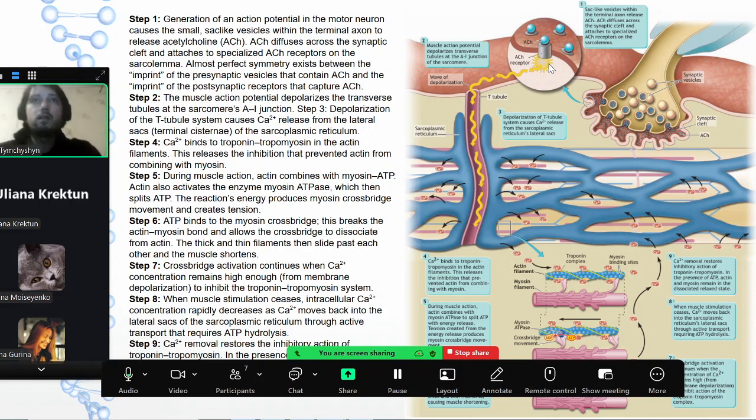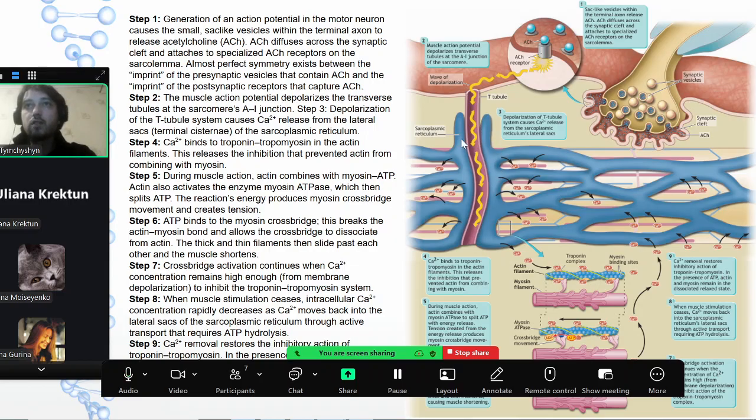And the muscle action potential depolarizes the transverse tubules at the sarcolemma and neuromuscular junction. The depolarization of the T-tubule system causes calcium release from the lateral sacs, the terminal cisternae of the sarcoplasmic reticulum. So here you see the action potential traveling along the tube.